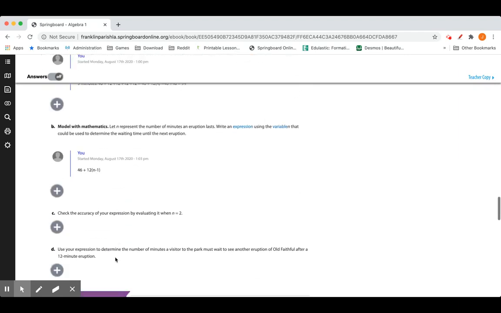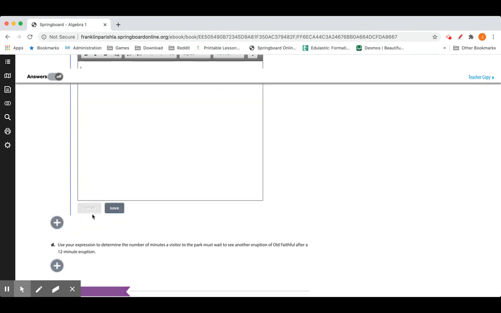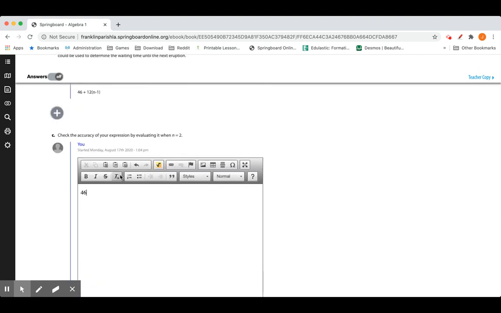All right. Check the accuracy of your expression by evaluating it when n is 2. So if I put in 2 for the n, it would be 46 plus 12 times 2 minus 1.